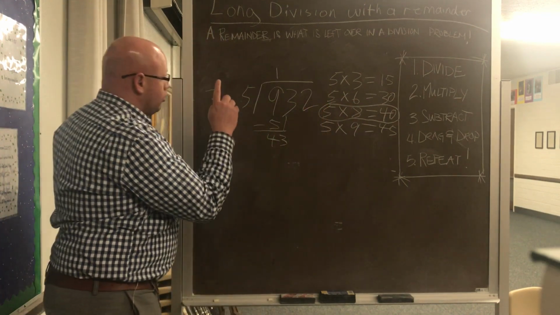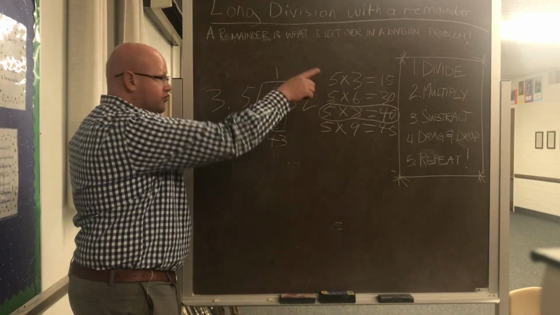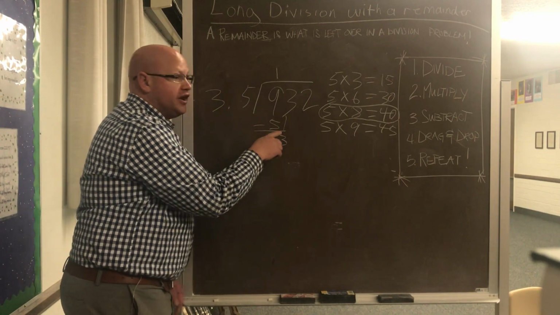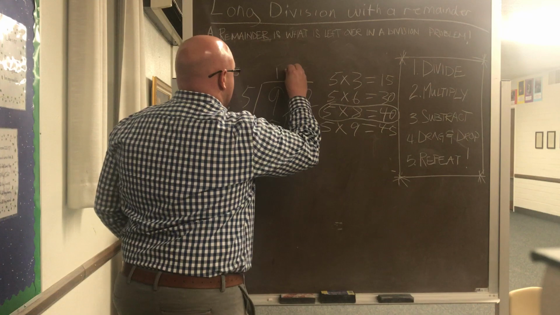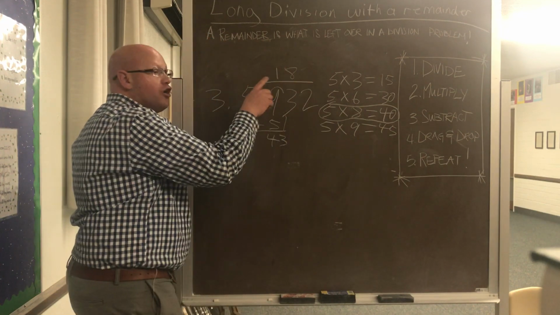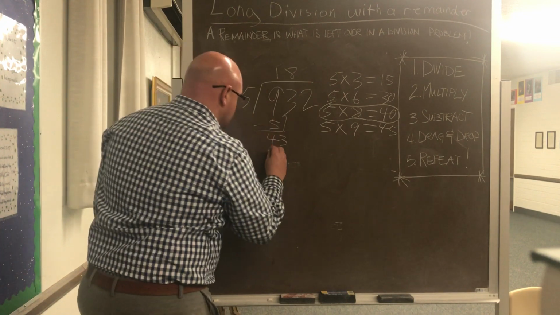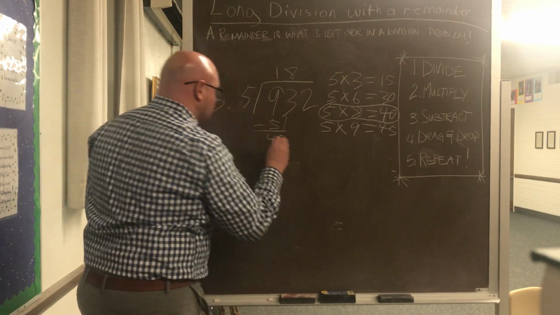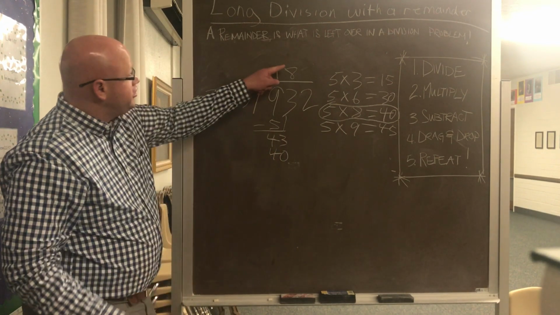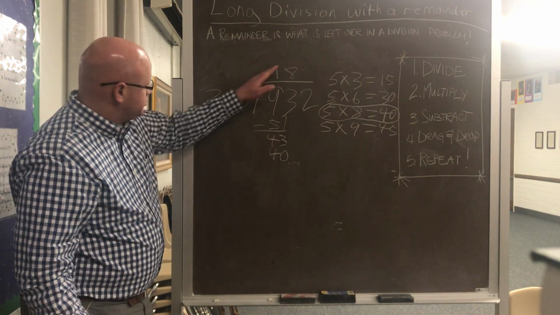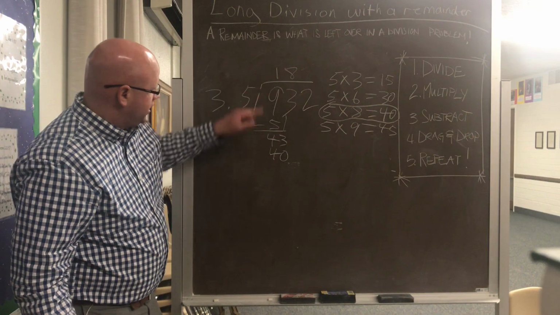So we do the first step, divide. 5 divided into 43 is 8. And now we times, the second step. 5 times 8 is 40. So we put the 8 above the 3 here, and then we times 5 by 8.